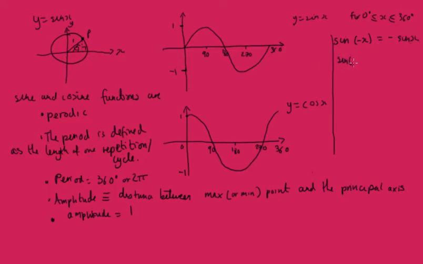The sine of 180 minus x equals sine x. Sine of 180 plus x equals minus sine x. The sine of 360 minus x equals minus sine x. And the sine of 360 plus x equals sine x.